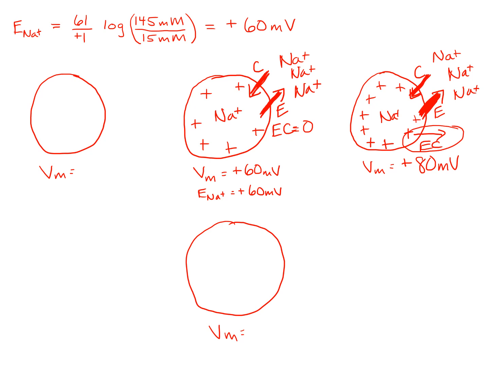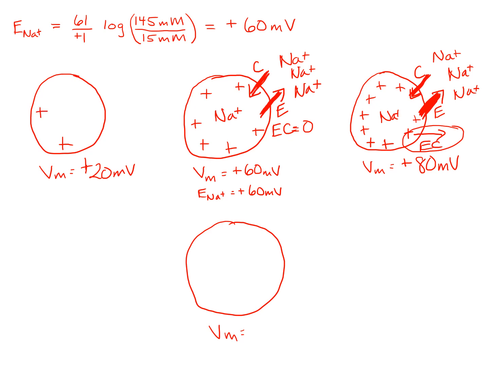All right, and let's say that instead of plus 60 millivolts, maybe our cell is instead at plus 20 millivolts. Okay, so that's our membrane potential. So if we compare that to when we were at the equilibrium for sodium at plus 60 millivolts, so we have plus 20 millivolts.